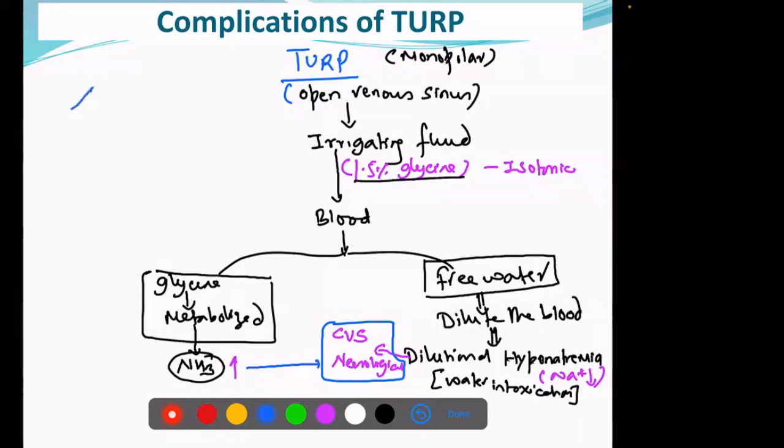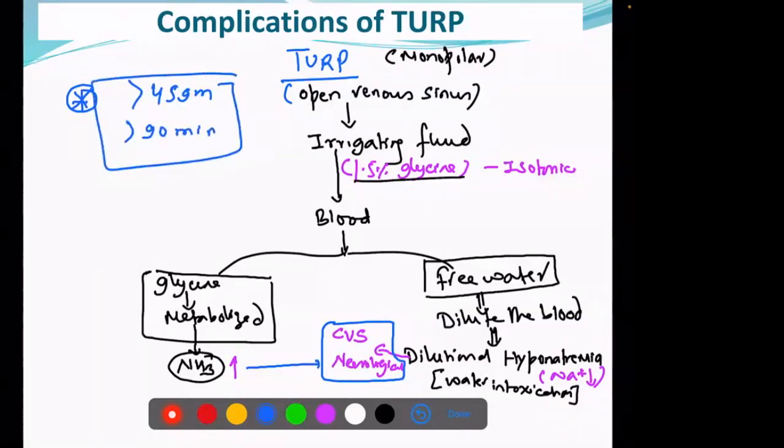This is common in patients where the size of prostate is more than 45 gram, and if you took more than 90 minutes. In this situation, there is a chance of these problems. So whenever you resect for longer duration, more fluid goes inside the blood and can cause these problems.